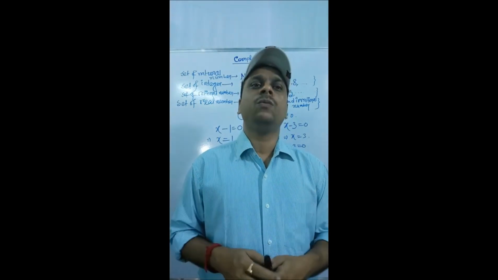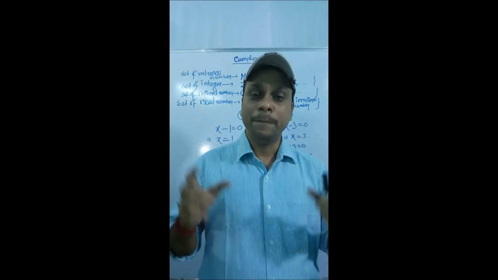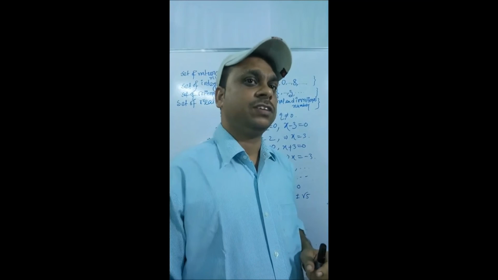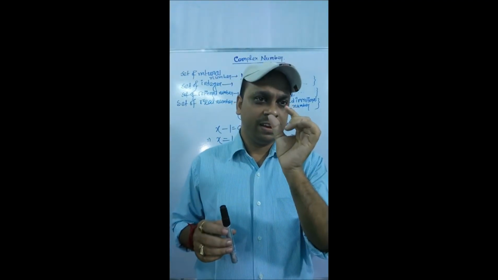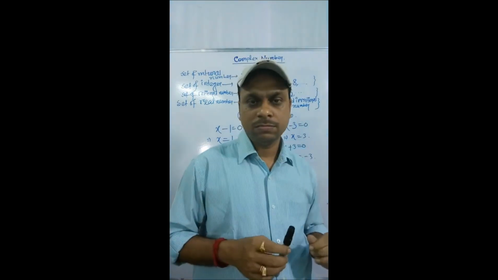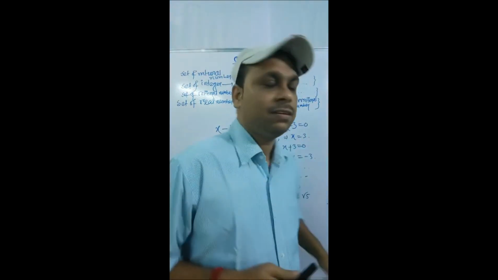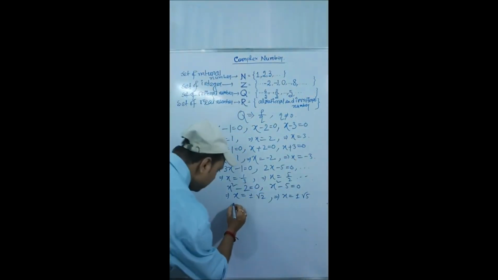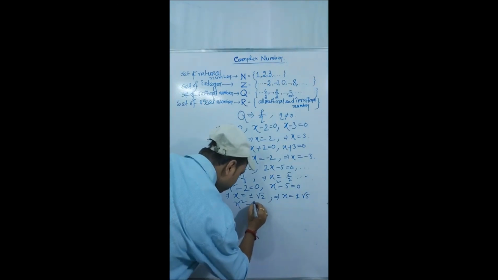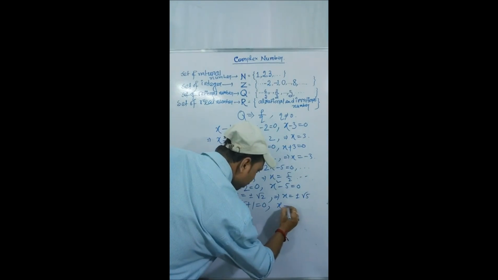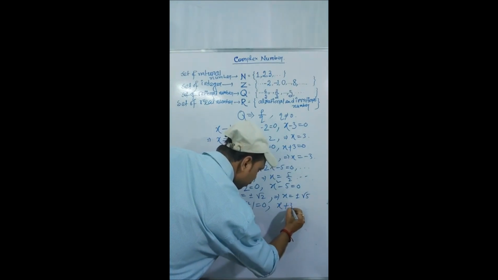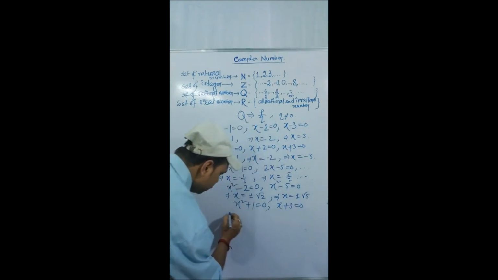Mathematicians were trying to solve many difficult equations which have no real value. For example, x squared plus 1 equals 0, x squared plus 3 equals 0.